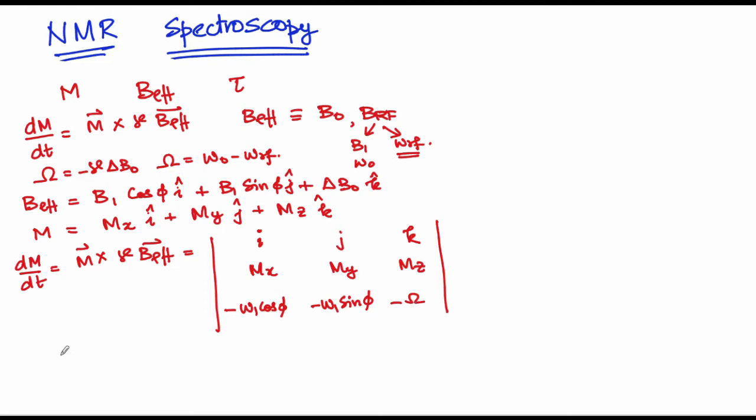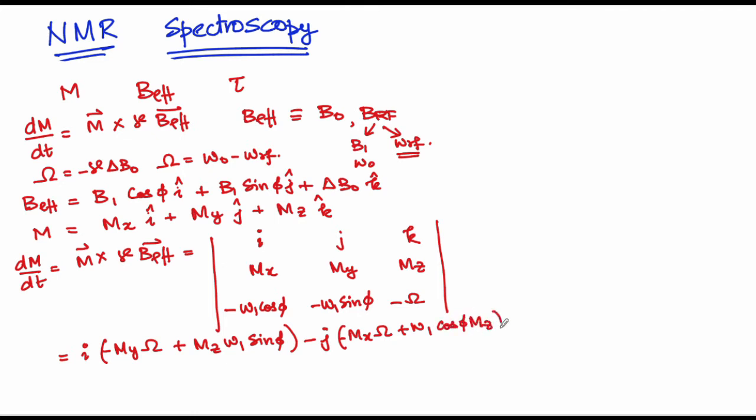So now this can be simplified as i times my times minus gamma plus mz times omega 1 sin phi, minus j times mx times minus capital omega plus omega 1 cos phi times mz, plus k times minus mx omega 1 sin phi plus omega 1 my cos phi.